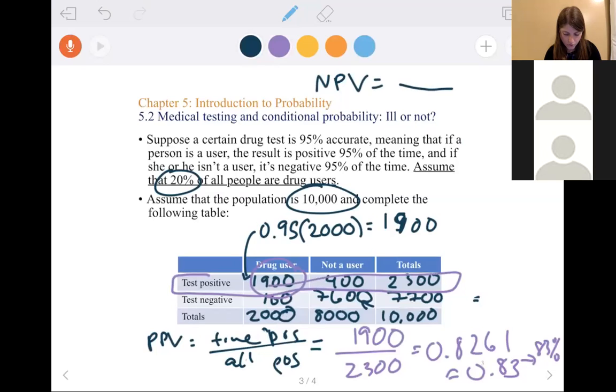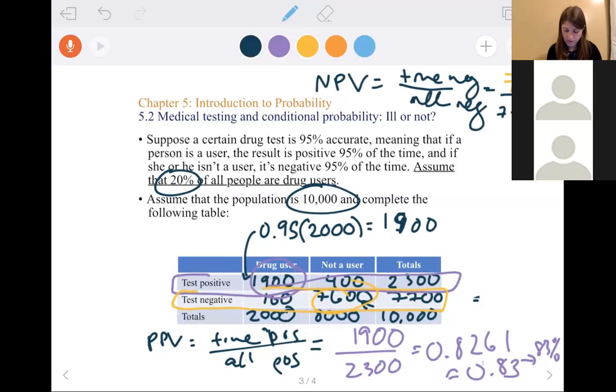This is going to be our true negatives over all of our negatives. So if we look at our negatives, we had 7,700 negatives, and our true negatives were those who were not users.